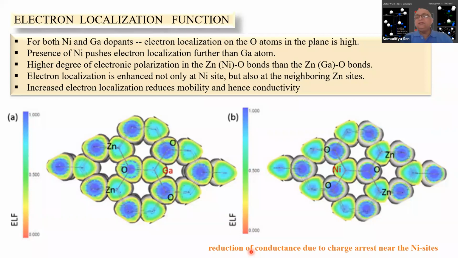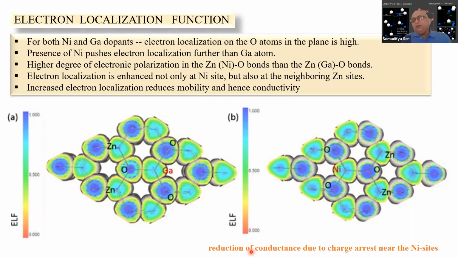The structural details are contained in a file called a crystallographic information file, CIF file. So the CIF file contains the lattice positions that the constituent elements are occupying. It can be zinc, oxygen, nickel, gallium, whatever you have doped. They have a coordinate with respect to the unit cell that we have described.